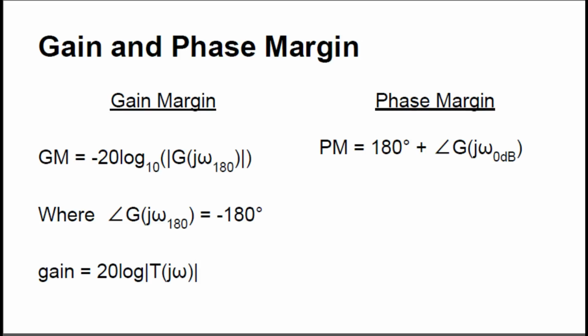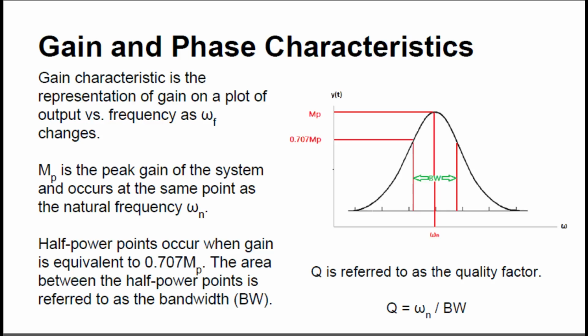You can see that the gain characteristic is a representation of the gain on a plot of output versus frequency, as the frequency, that's omega sub f, is changing. So your x-axis is your frequency, your y-axis is your output, and the M sub p is the peak gain of the system, and it will occur at the natural frequency.